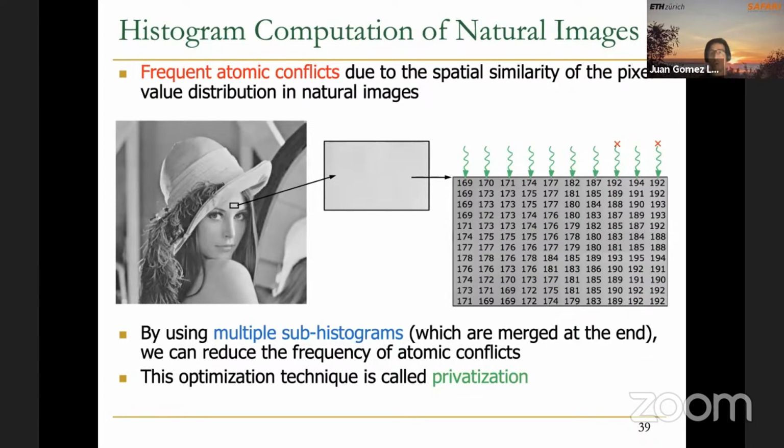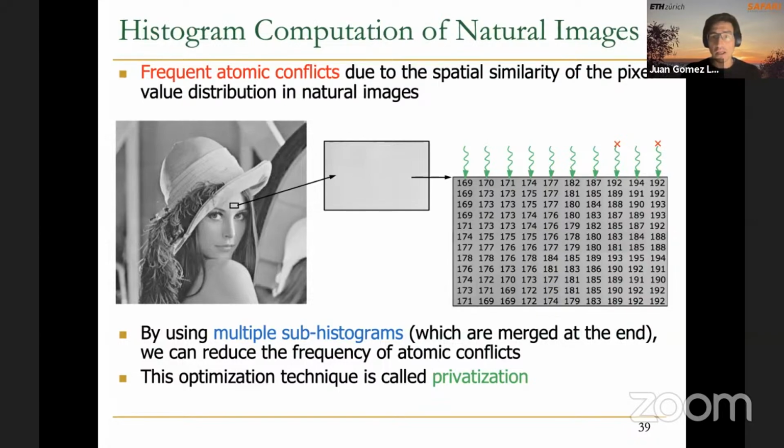So one way of optimizing the computation of histograms on GPUs is by using a technique that we call privatization. Privatization means that we are going to use multiple subhistograms at the same time, and different threads are going to update the different subhistograms.